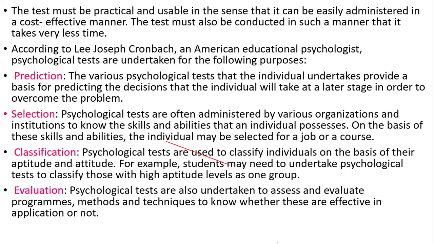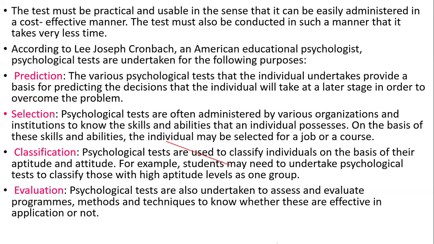Sometimes for selecting for a job, selecting for a course, they give us tests, right? On the basis of these skills and abilities, they will be selected for a job or a course. So sometimes they have selection tests, especially for English, that they give a test and they select them for different levels: advanced level, diploma, then certificate level, or level 1, 2, like that.